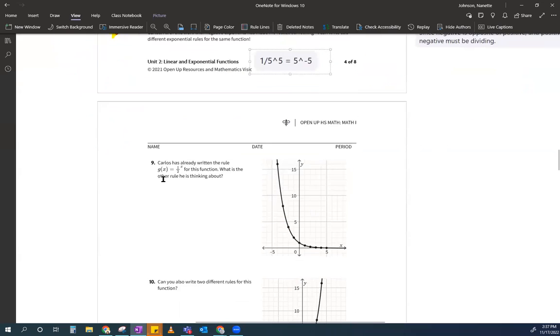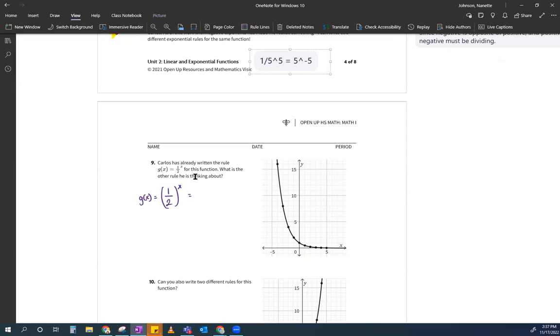So now we're going to go over here. 1/2 to the x. What's another way to write this function? Thinking about what one of your classmates wrote, what's another way to write 1/2 to the x? Do you agree?